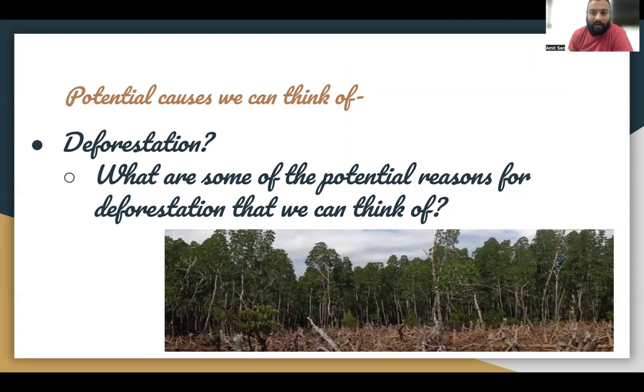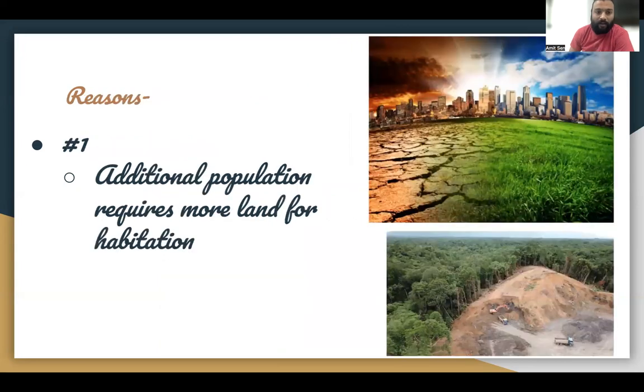But during my research, what I was able to find out is that the primary, number one reason for deforestation is that the population of the world is growing at an alarming and increasing rate.